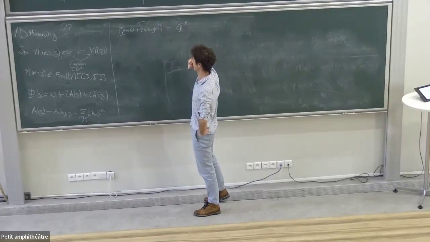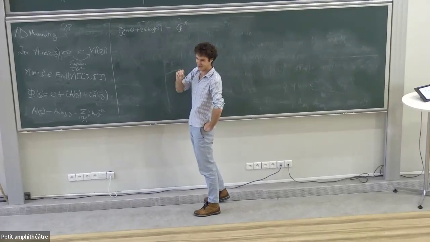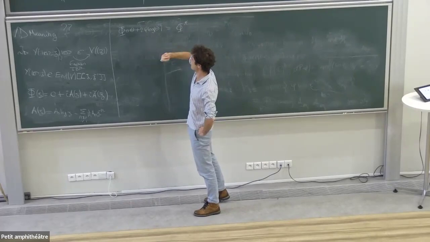I'm not sure about the coefficient, but this is like the usual transformation rule for the GFF. Like when you change x, the GFF changes in such a way. I'm not really sure about the coefficients.